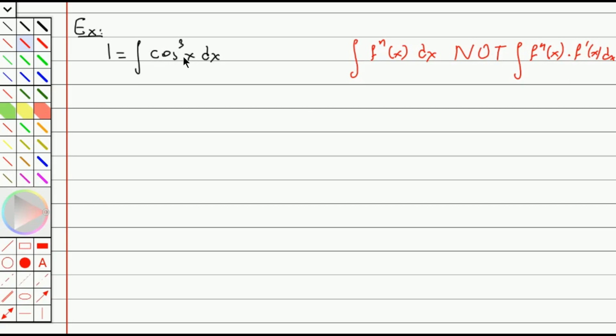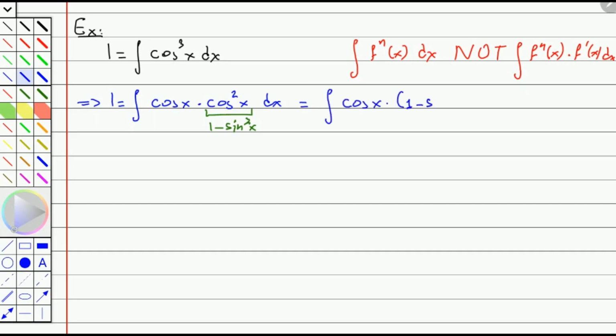Instead, we are going to exploit the trigonometric identities and make a small transformation to make it more manageable. So I is equal to the integral of cosine x times cosine square x dx, and we know that cosine square x translates to 1 minus sine square x, equals the integral of cosine x times brackets 1 minus sine square x dx.